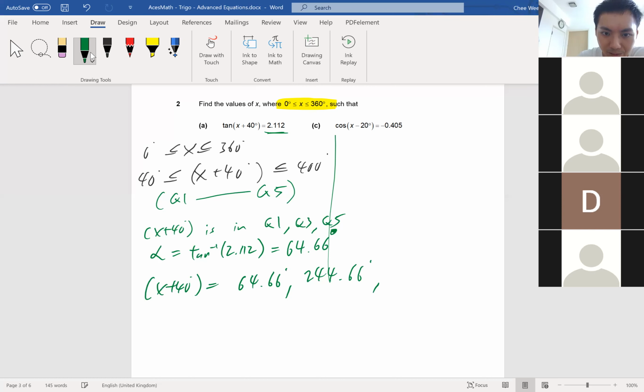64.66, or 244.66, or 424.66, okay? Which means that this was alpha plus 180, Q3. This was alpha plus 360.